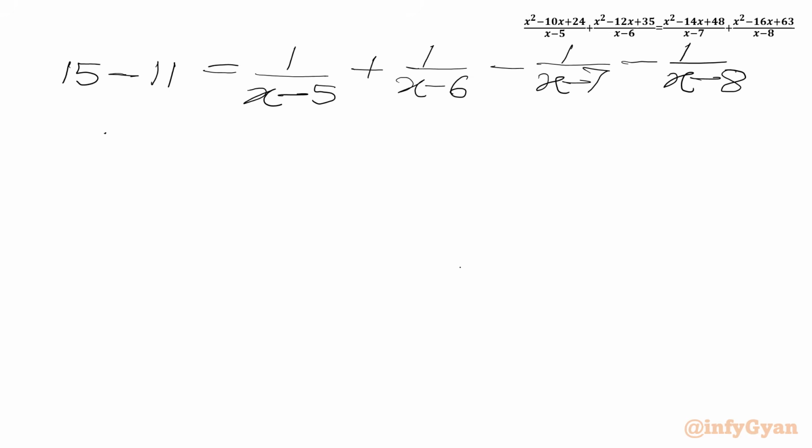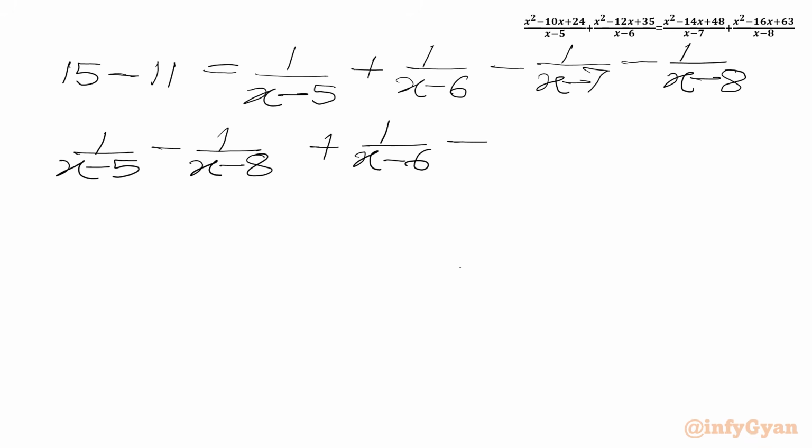Now we will write first term 1 over x minus 5 and last term of RHS 1 over x minus 8. Then we'll write 1 over x minus 6 minus 1 over x minus 7 will be equal to 15 minus 11, 4. Now we'll be taking LCM.